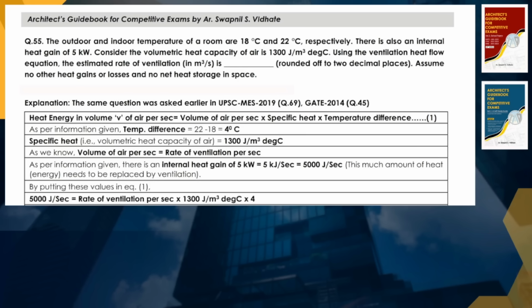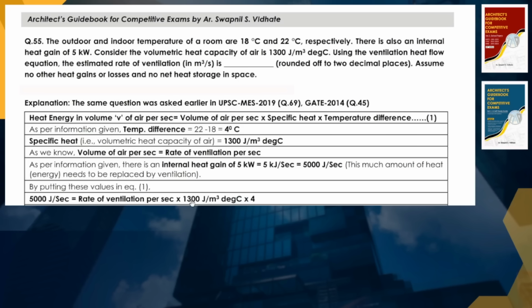So by putting these values in equation 1, now we have got the internal heat gain. Now we will put all these values in equation 1. That means 5000 joule per second. The volume of air per second required to remove this by the rate of ventilation is unknown. We need to calculate it.